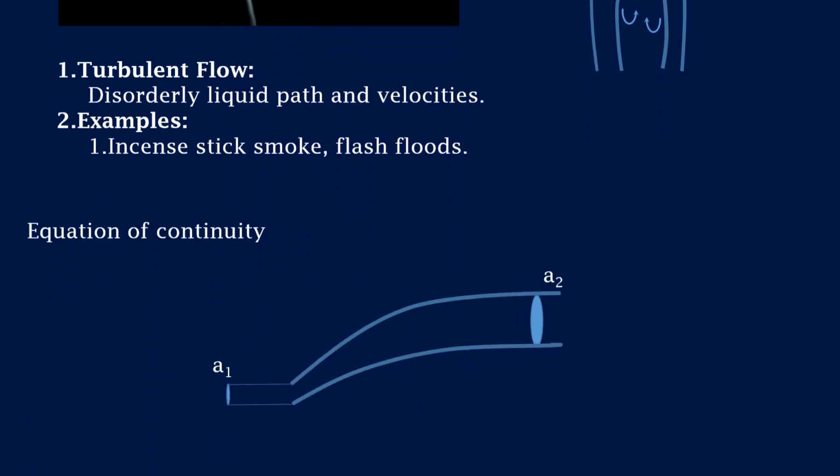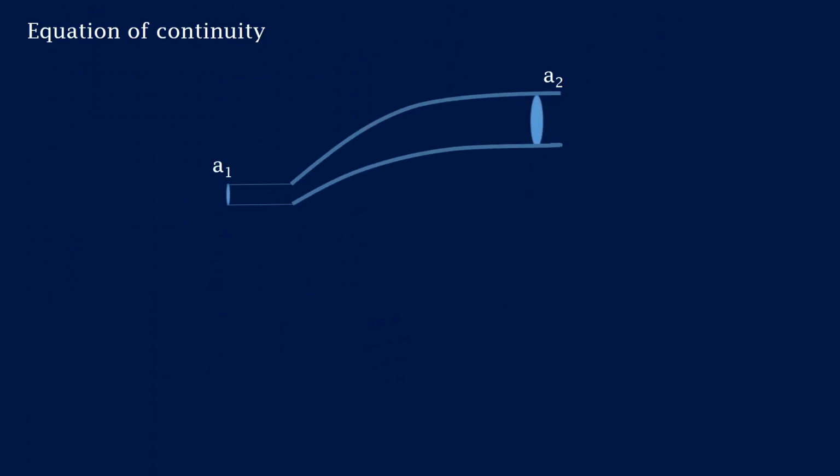Now let's obtain the equation of continuity. Consider a non-viscous liquid flowing in a streamlined manner through a tube AB of varying cross-section as shown in the figure. Let A1 and A2 be the areas of cross-section, and V1 and V2 be the velocities of flow of the liquid at A and B respectively.